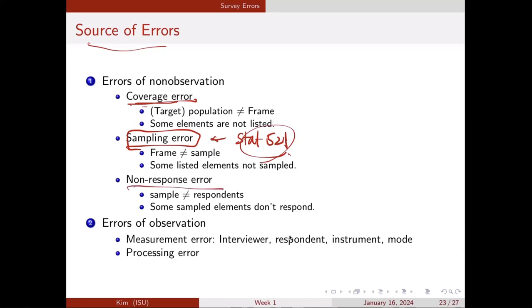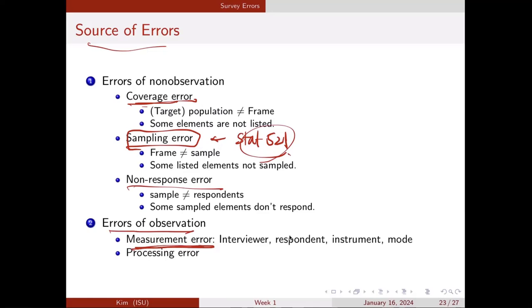Non-response error is also a big problem these days because people don't respond. So how we make up for this non-response error is another important problem. And even when we observe data, we could still have errors like measurement error, right?